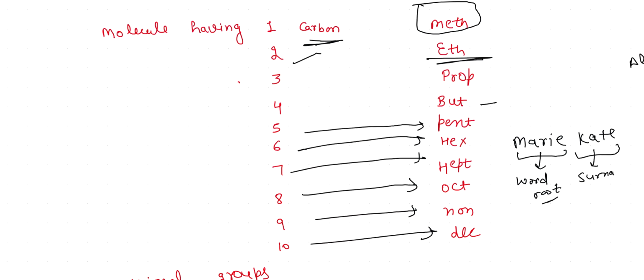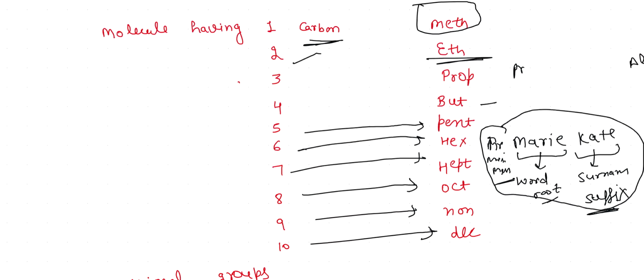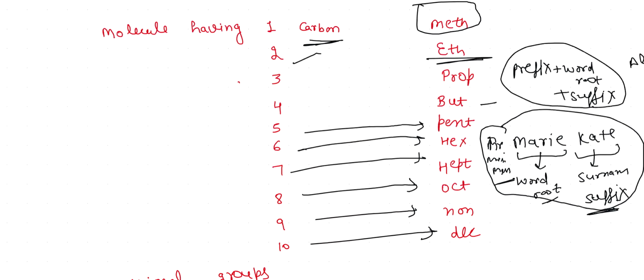But some people have a prefix also, such as if he's Mr., Mrs., or Miss. Similarly, these compounds are also named like this. One is prefix, then word root, then suffix is used to name the hydrocarbons. And the word root depends upon the number of carbons a molecule has.